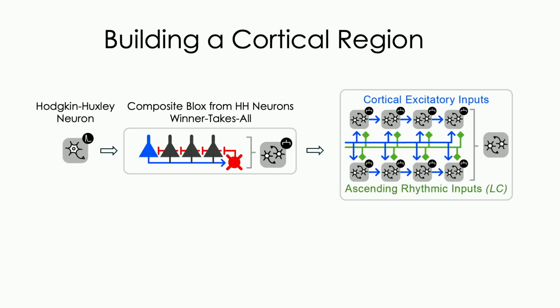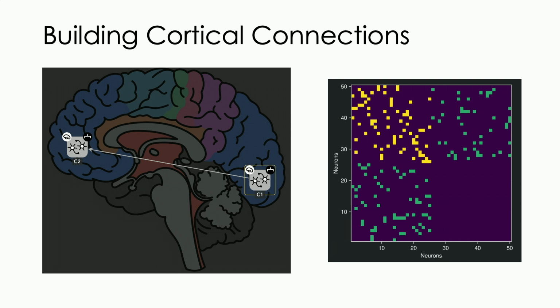And then the next step is to build a cortical region. We are not going to do this hierarchically, not like in the tutorial, but what I want you to do is build a cortical region where you specify how many winner-takes-all circuits you use, and then build it and simulate it. And this is what the ultimate goal will be. You will have two cortical regions that are connected to each other.